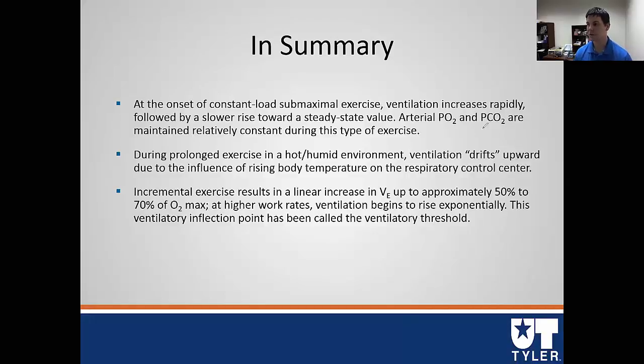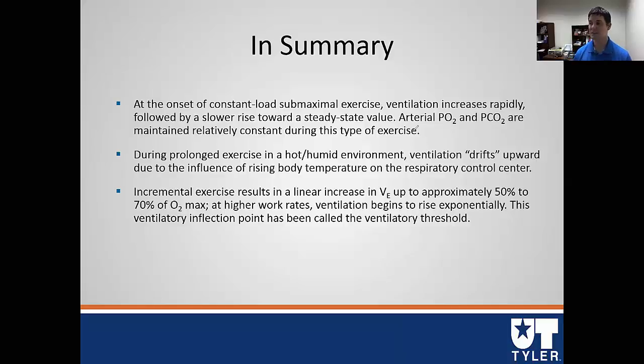Arterial PO2 and PCO2, while we see maybe a slight decrease, nothing truly significant, are maintained relatively constant during this type of submaximal exercise. In a hot and humid environment, we can say our rate of ventilation drifts. We start to breathe at a more rapid rate due to body temperature affecting important respiratory control centers.